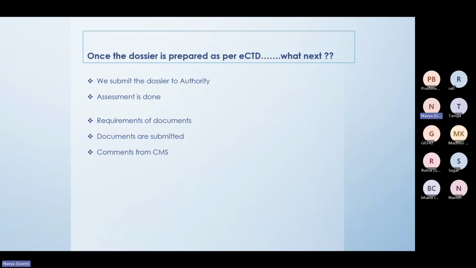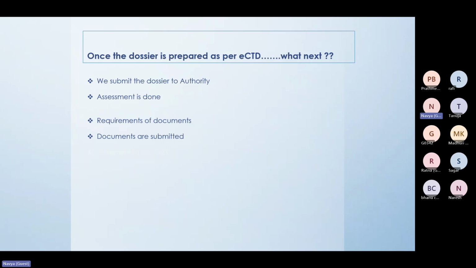Once it is submitted, the authority does the assessment of it. If during the assessment they require some kind of information, then they ask for that information. The RMS will ask the MAH, that is the applicant, if they require any information.